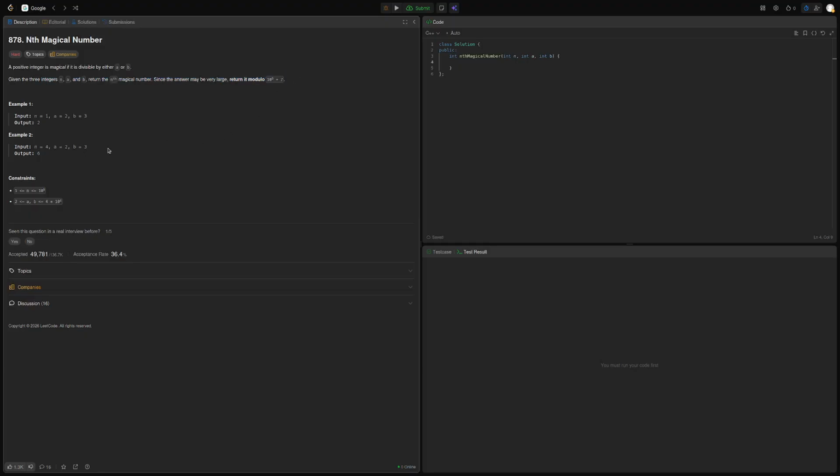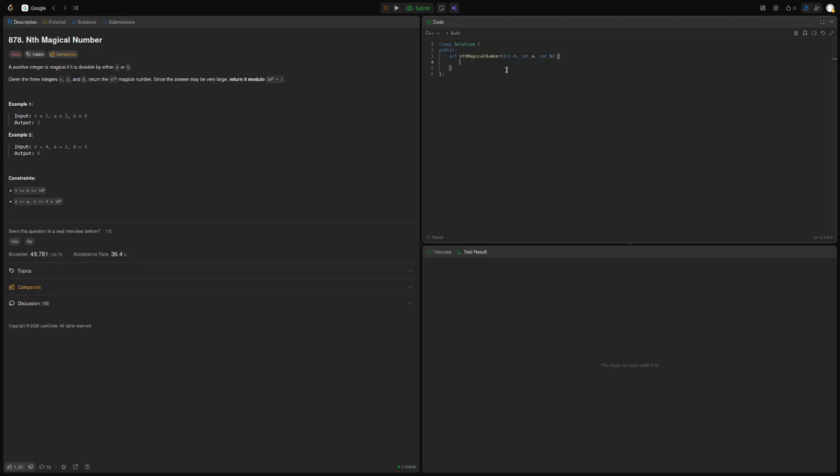So basically we are going to do binary search and count numbers that are smaller than this. So, let's say we ask is 100, so how many numbers smaller than or equal to 100 are divisible by either a or b?